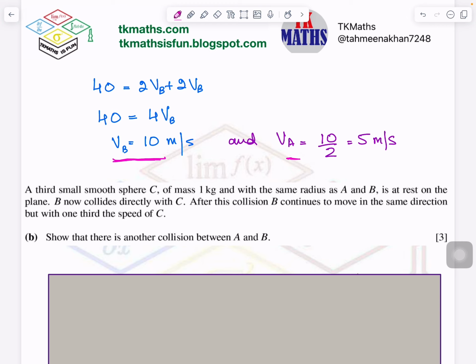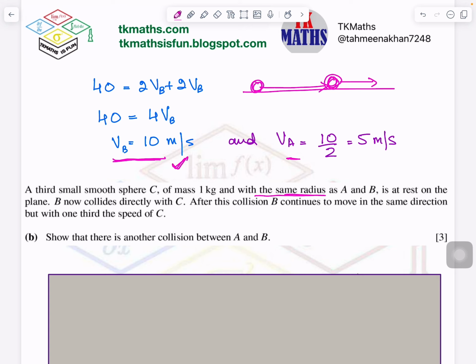Now it is about part B. A third, small, smooth sphere also has the same radii. It has mass 1 kg and is at rest on the plane. Now, what actually has happened? Particle A was here, B was here. A hits B, and B starts moving with a speed of 10 meters per second.